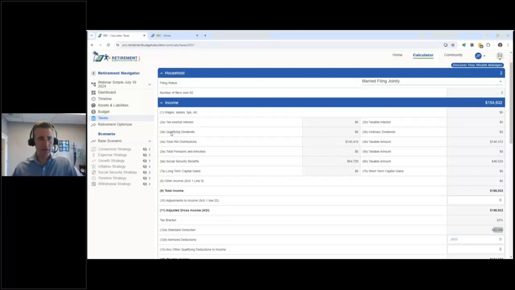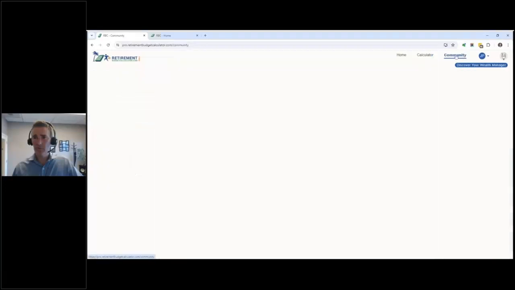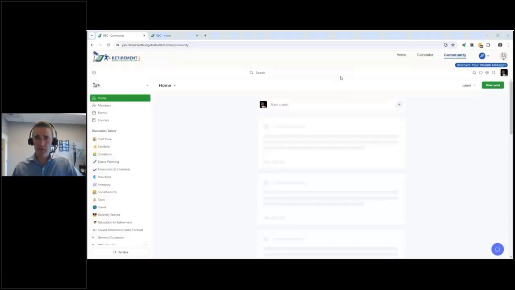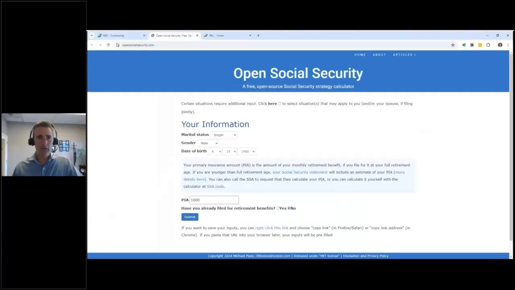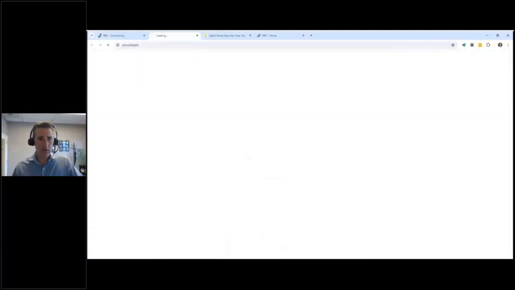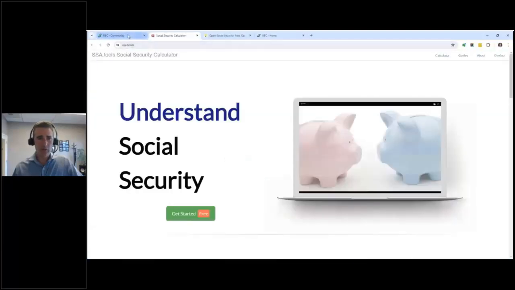Do you cover Social Security optimization? Well, there's a lot of tools. If you come up to the community portal, we've got tools in here to help you figure out how to optimize Social Security. If you click on this link, it will take you to Open Social Security, to calculate your Social Security benefits. We've got different tools in here to help you understand how to optimize Social Security.